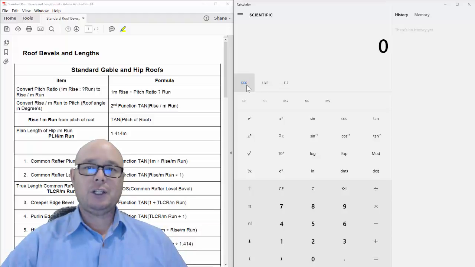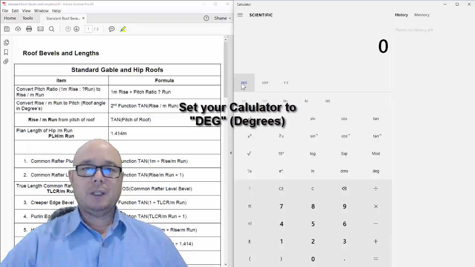It might have DEG with some other buttons. You want to make sure that the scientific calculator is set to degrees. If you don't set it to degrees, it may be set to radian or gradient. If it's set to either of those other two, then you're going to come up with different and incorrect answers. So you have to make sure that your calculator is, first of all, set to degrees.